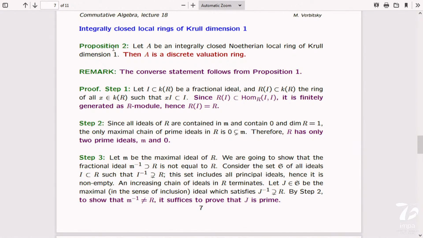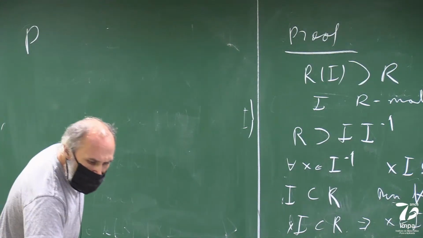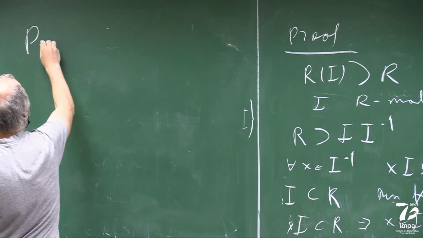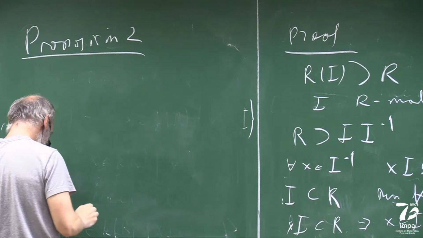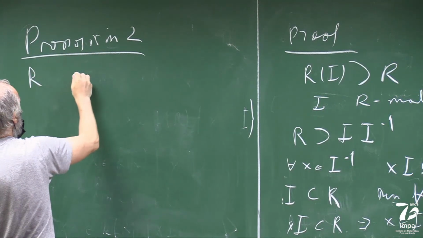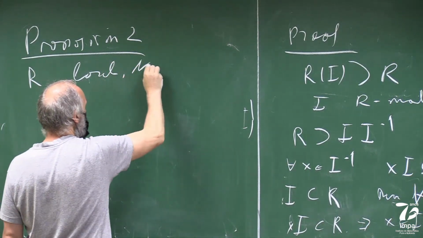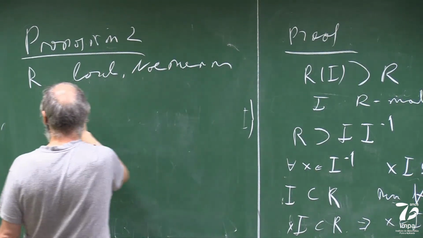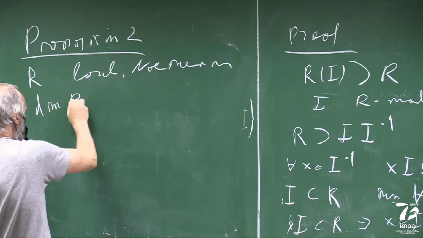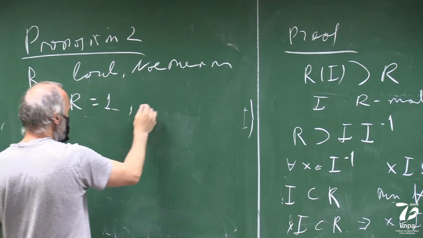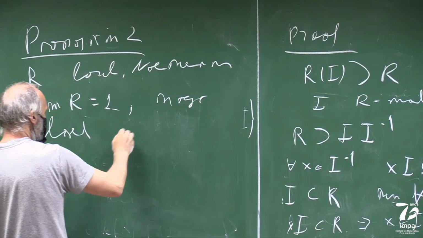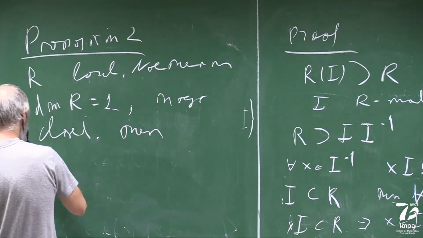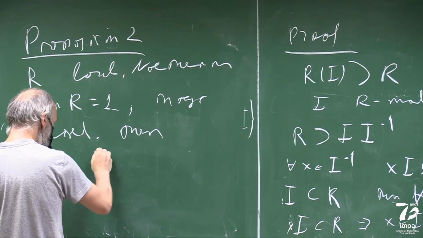It's called proposition 2. And it is hard. So if you have R local, Noetherian, the Krull dimension of R is 1, and integrally closed, then R is a discrete valuation ring.